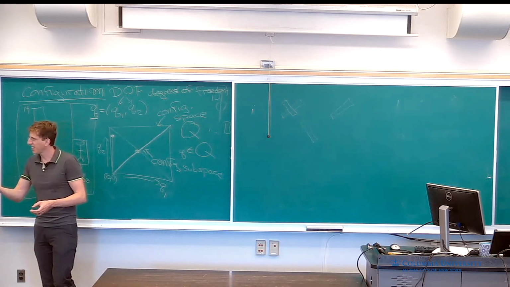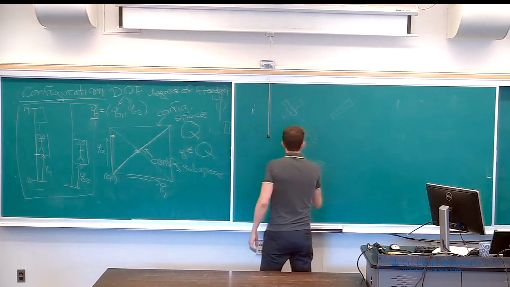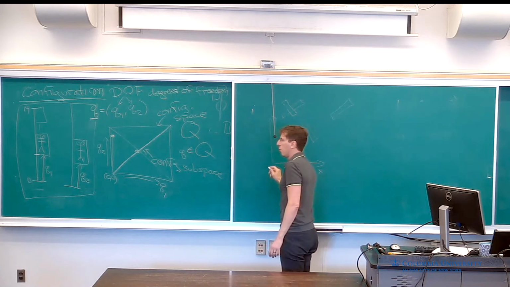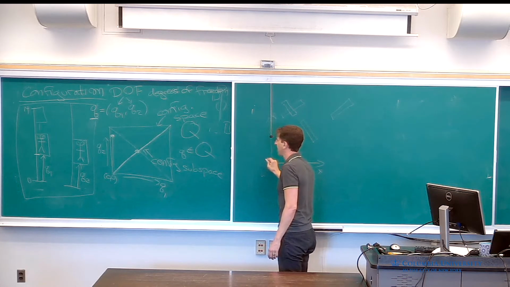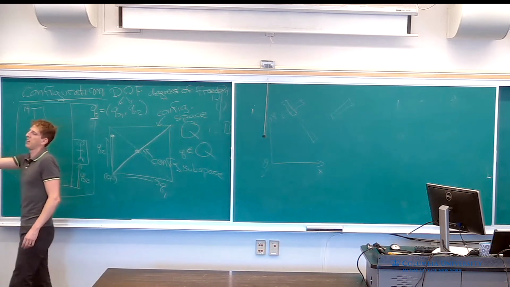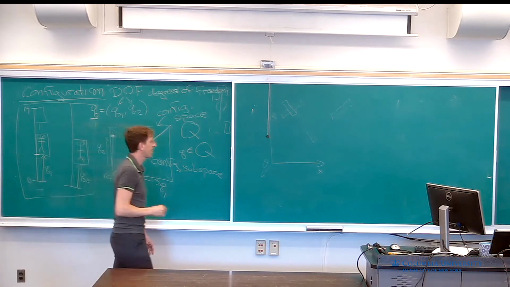I think in this case we can start to agree that if this direction is x, this direction is y, we have a third direction, which is basically theta, how much we've rotated. And so rotating clockwise or counterclockwise is like moving positive or negative in theta. Does that make sense? Good.